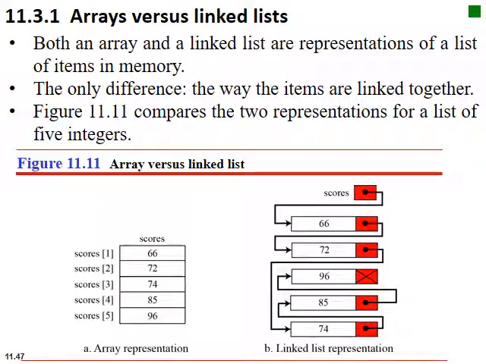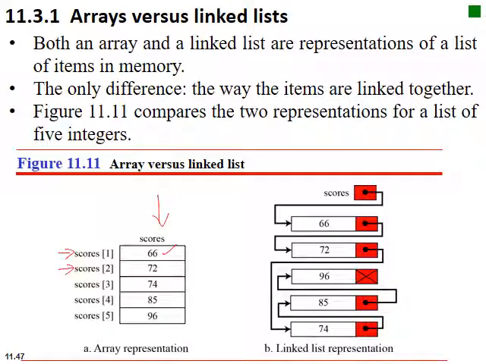Right, so arrays versus linked lists. Both an array and a linked list are representations of a list of items in memory. The whole purpose of an array is to group together a list of items. The same with a linked list. But look how they are differently implemented. We know that an array, for example, if the array was called scores, then we have, for example, scores 1 containing the element value 66.